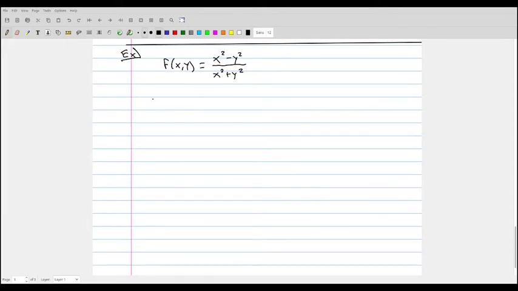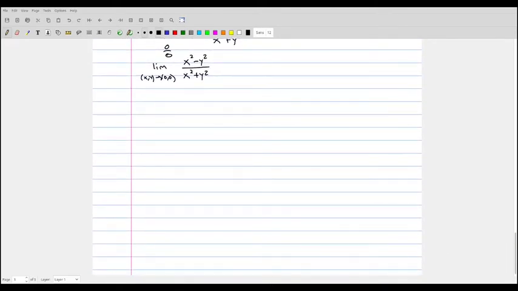So if you look for the limit at the origin, you run into a problem, because if you just try to directly plug into this expression, you'll end up getting 0 over 0, which is an indeterminate form. And it turns out that the limit of this function just does not exist at the origin.